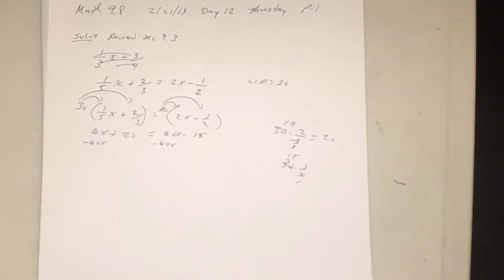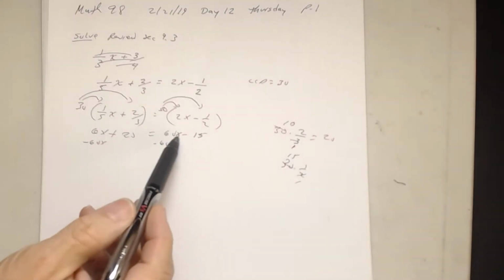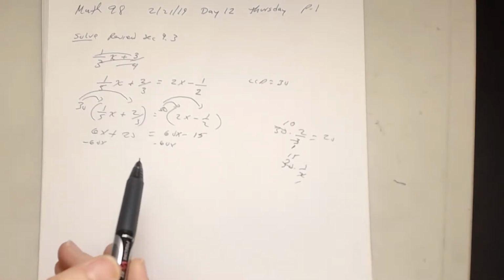Now again, even though I mentioned it before, some of you are still turning in worksheets where you just say subtract 60. I'm going to keep taking points away. You don't say subtract 60, you say what? Subtract 60x, because subtracting 60 is mathematically incorrect here. When you combine them, 60x minus 60 is not 0.